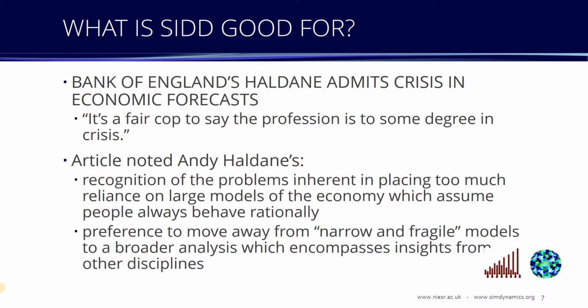The model itself assumes that people always behave rationally when it comes to simulating savings and employment decisions. It's a complex model, which it is reasonable to say is both narrow and fragile in some important respects. So what is it good for in the context of the points that are leveled here?